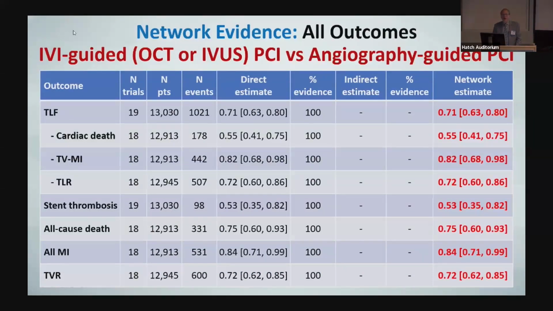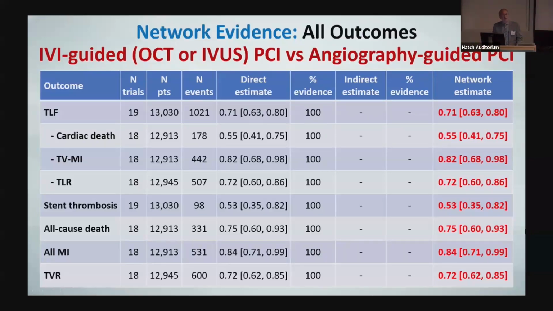Just to quickly look at all intravascular imaging with OCT or IVUS versus angiography-guided PCI. I won't go into all the details of this network meta-analysis, but the bottom line is here are the network estimates of the treatment effects. And intravascular imaging overall reduces target lesion failure, that's kind of like MACE: cardiac death, myocardial infarctions, repeat revascularization, stent thrombosis, by about 50%.